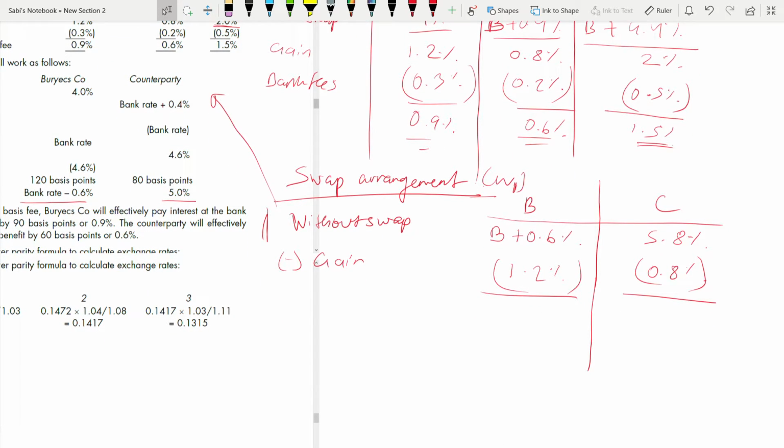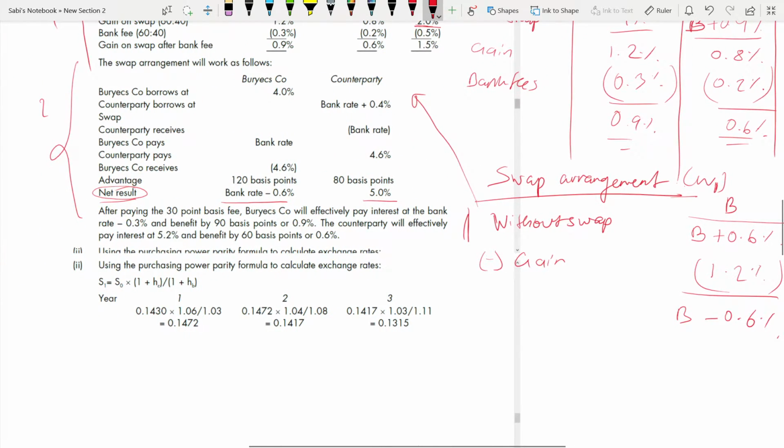So B plus 0.6 minus 1.2 gives B minus 0.6%, and here 5.8 minus 0.8 is 5%. Just check with this table. You are getting the same net result, right? My way of working and their way of working give the same answer, but the way is different. My way is much easier to understand.